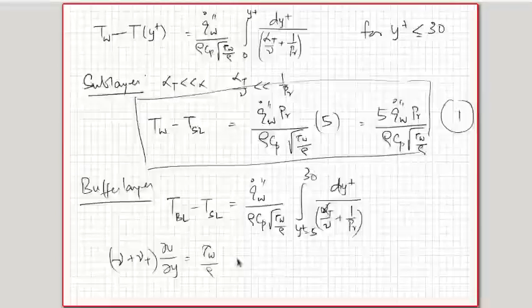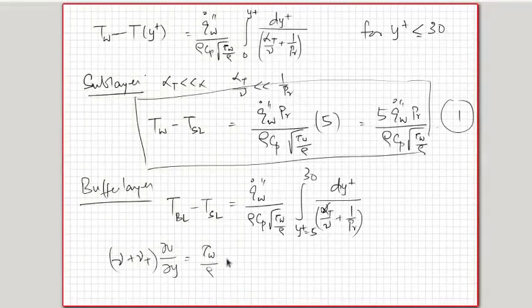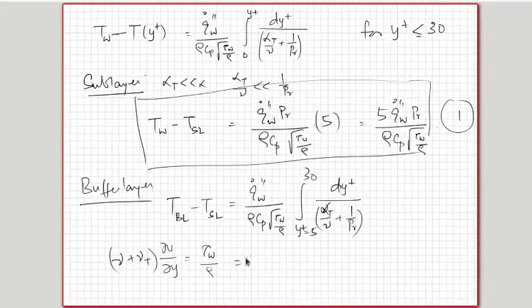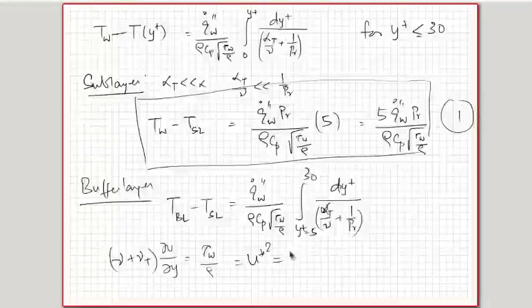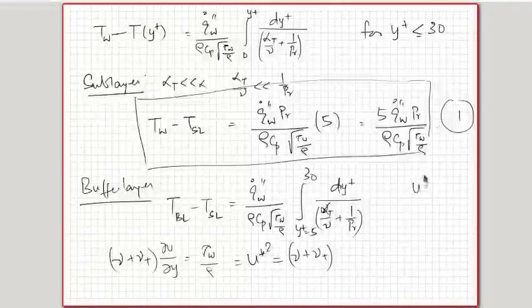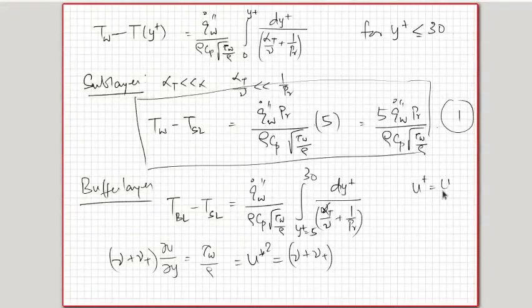And now what do I do? This tau wall by rho is actually U star square. And what is this? This will be nu plus nu t multiplied by this. If I write in terms of del U plus by del Y plus, so U plus is equal to U divided by U star.